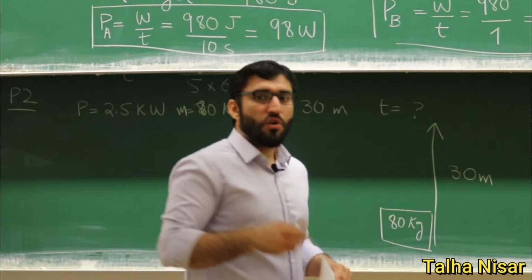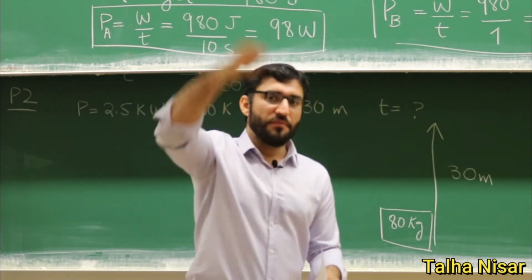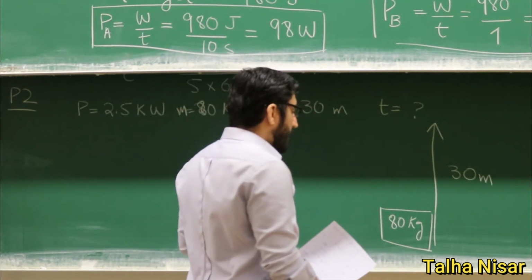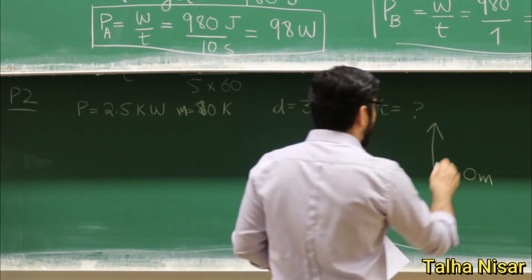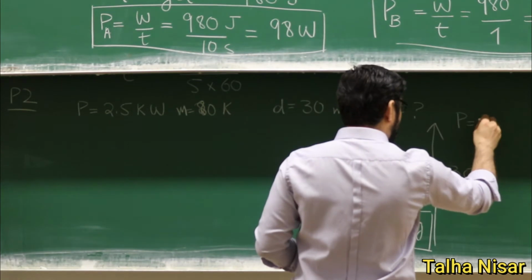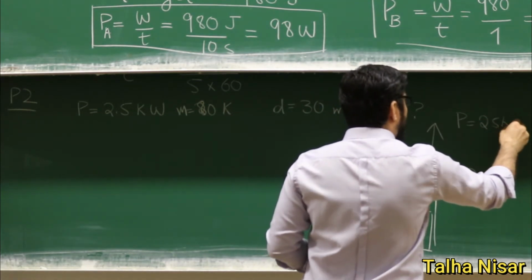The power of the motor that lifted this 80 kg block is 2.5 kilowatts.